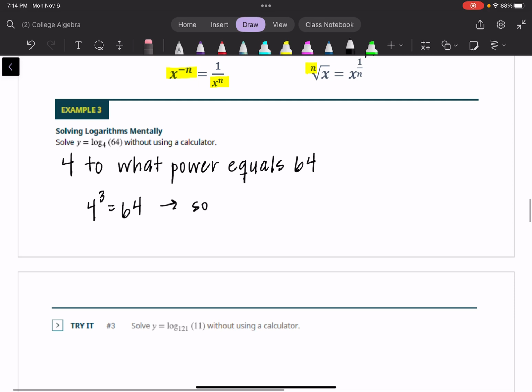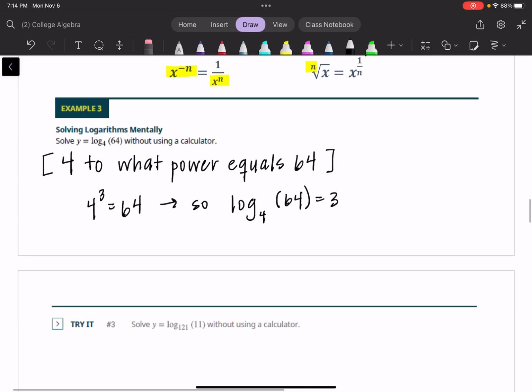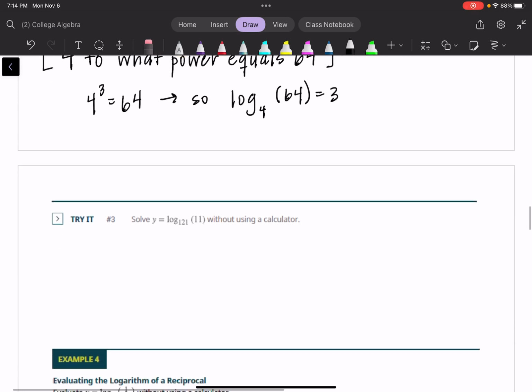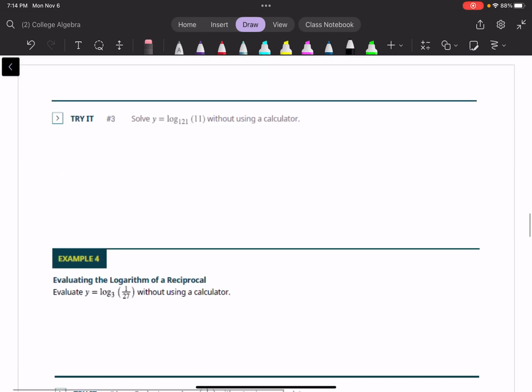So we say that log base 4 of 64 is 3, because remember the output of the log function is the exponent in the exponential function. So if you can just ask yourself this question, the power that you come up with is actually the output of the logarithm. So trying that in number 3, give this one a try. It's kind of tricky.